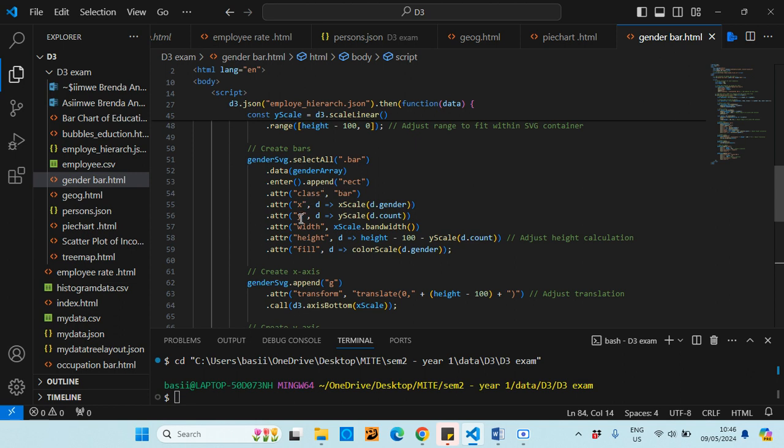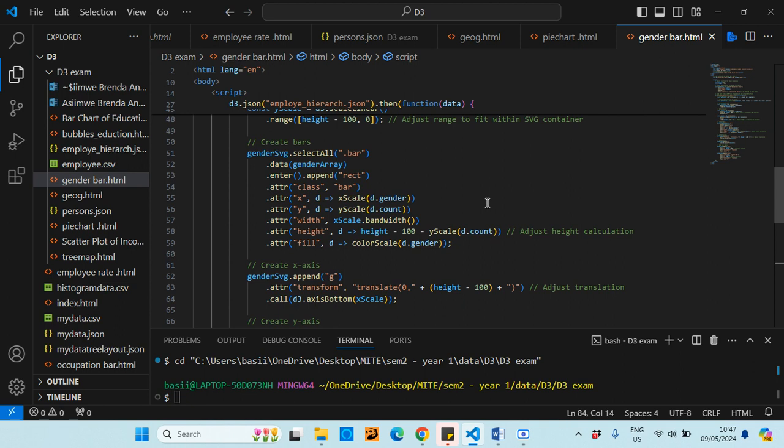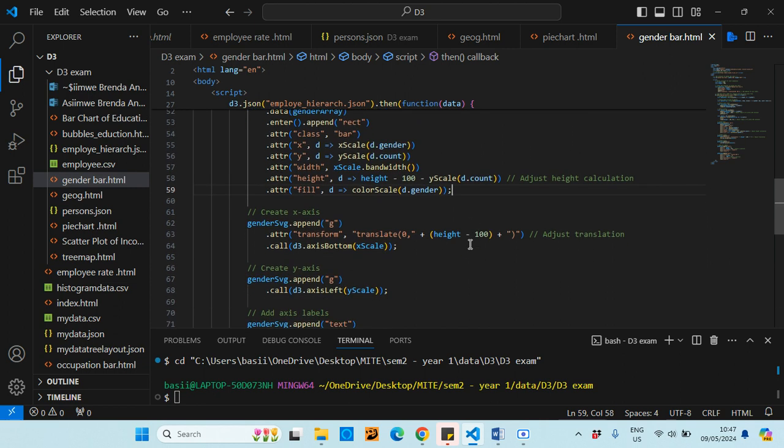We create these attributes based on the scales and the data that we have. And then we fill the color for the bars, which was determined up there, because remember we declared the color up there, so that is what we use.